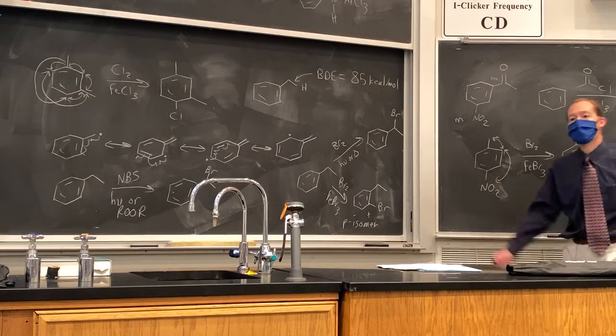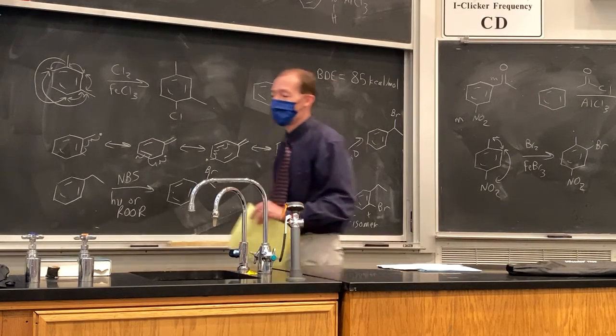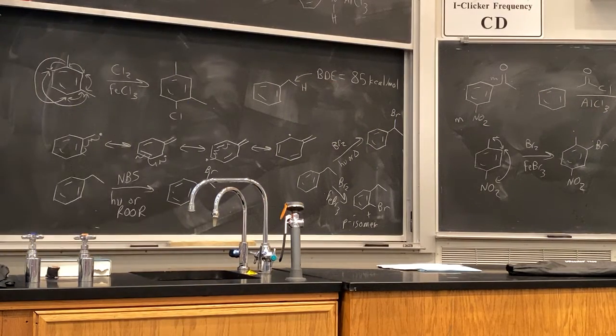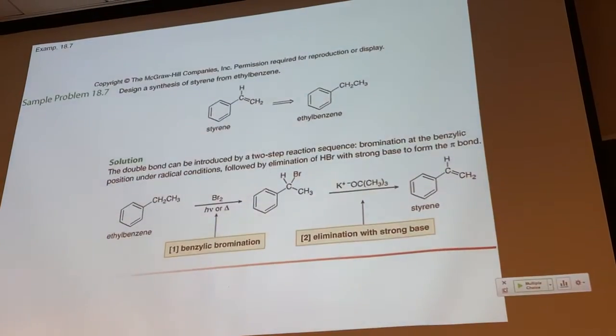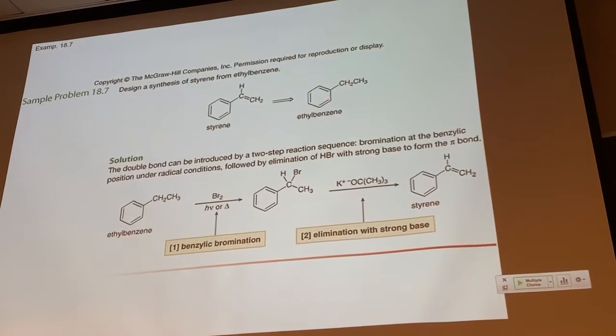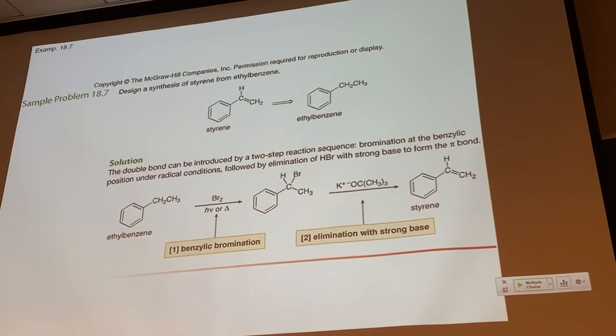So why would we want to attach a bromine to an allyl or a benzylic carbon? This sample problem sheds some light on that. If we want to make a compound with a double bond conjugated to our benzene, directly attached to our benzene ring, we do not have a one-step process of attaching an alkene. Right? We can attach a ketone, we can attach an alkyl group, but not an alkene to a benzene ring.